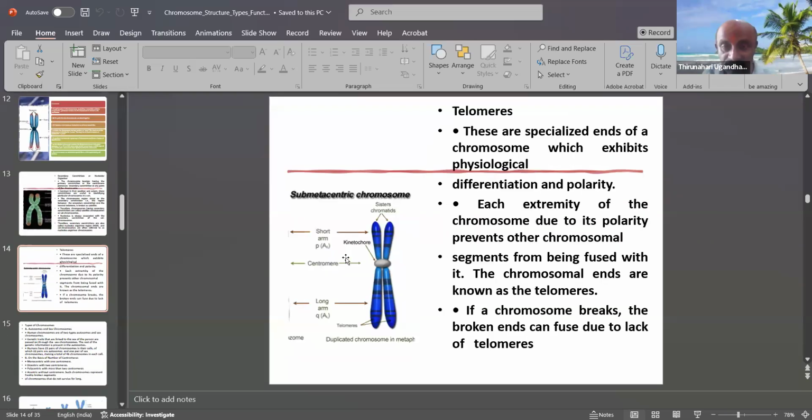Primary and secondary constrictions, but the terminal part is called a telomere. These are specialized ends of a chromosome which exhibit a physiological differentiation and a polarity.